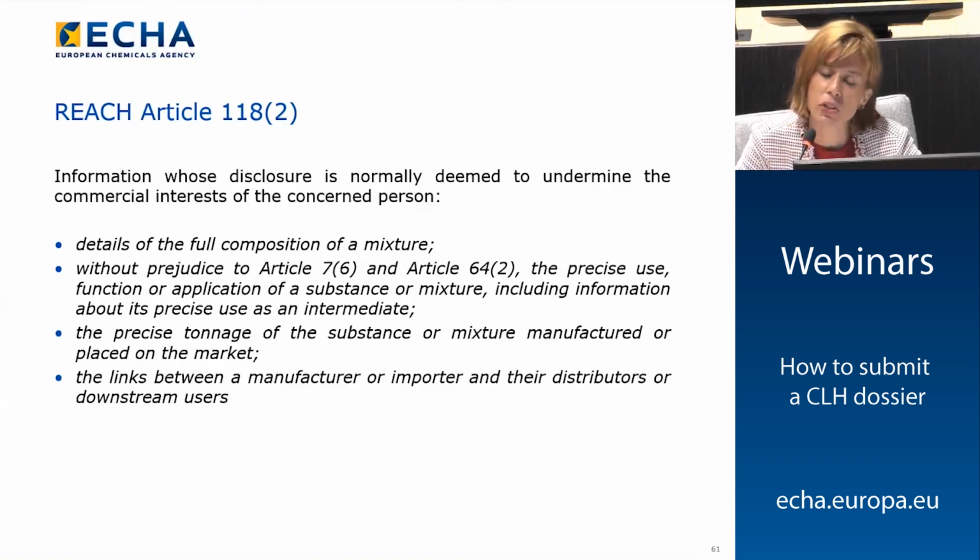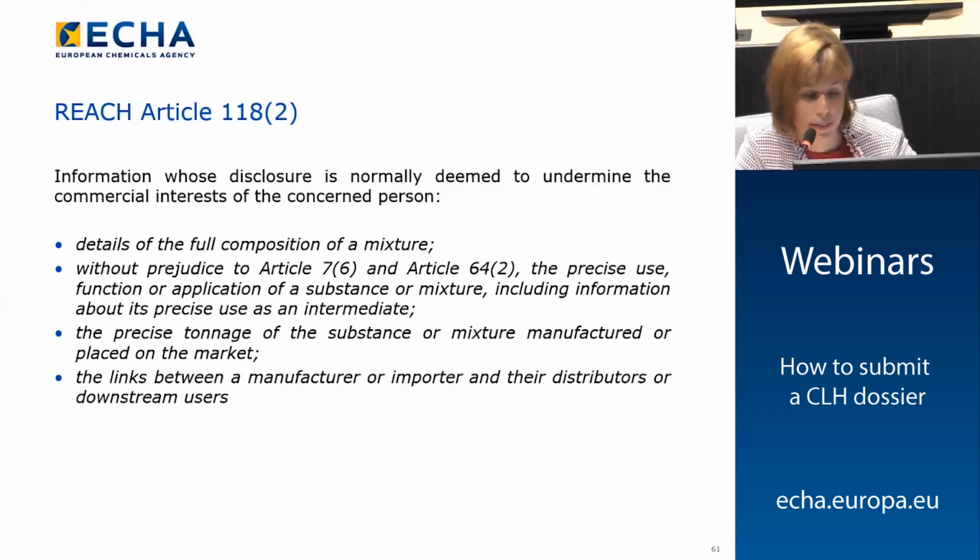And this justification must be accepted as valid by the agency. Here again, we have the list of information that can be subject to these confidentiality claims. Of course, if we talk about CLH reports, this kind of check will be made in the context of the accordance check by the agency.